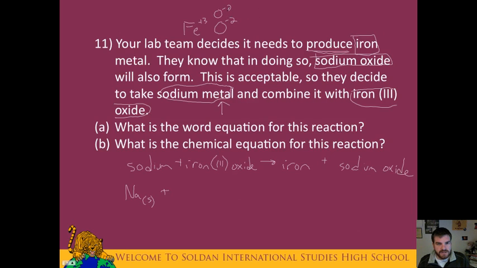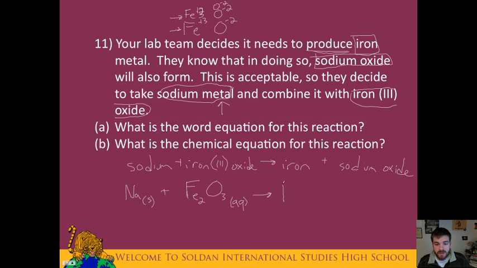So I need another oxygen, and one more iron. Now I'm at +6 and -6. So I have 2 irons, Fe2, and 3 oxygens. And this is going to be an aqueous. It's in a solution.